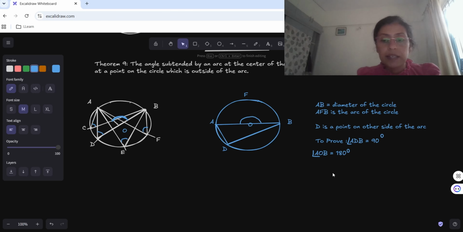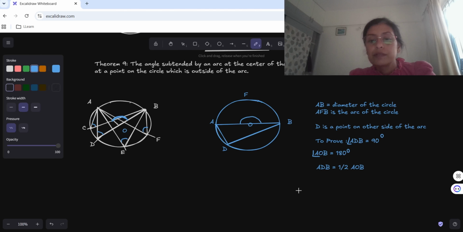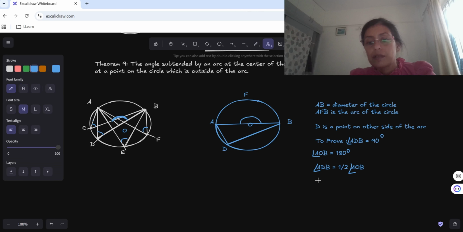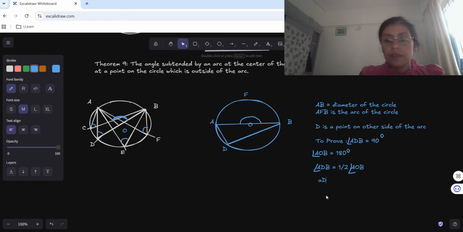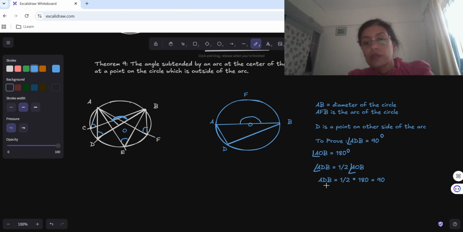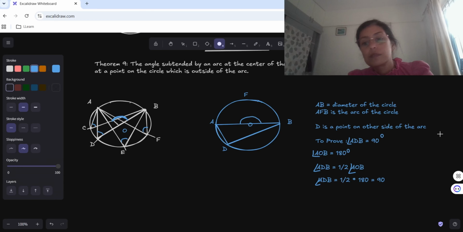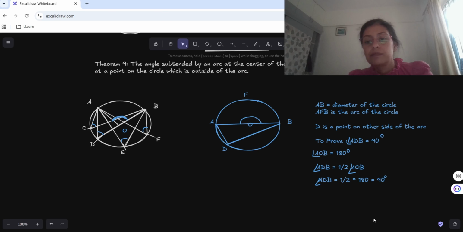So with that theorem, angle ADB will be half of angle AOB, which means ADB will be half of 180 degrees, which is 90 degrees. Proved, right?